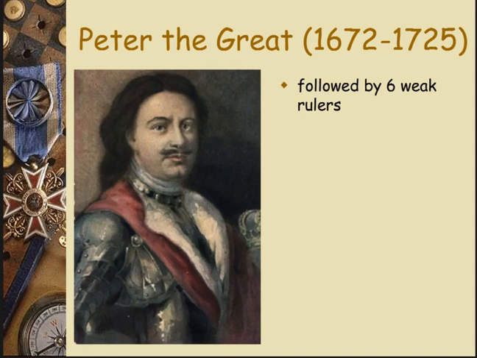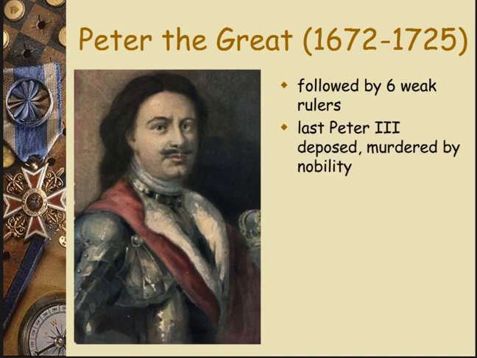Now he's followed by 6 weak rulers, the last of which is Peter the Third, who in fact was so weak and so inept that he was kicked out of office and murdered by the nobility because they thought he was doing such a terrible job.